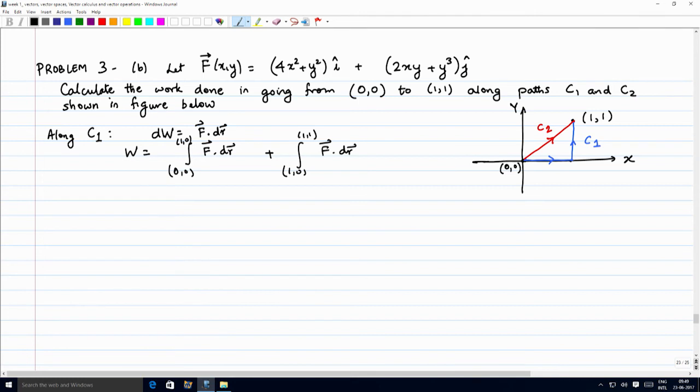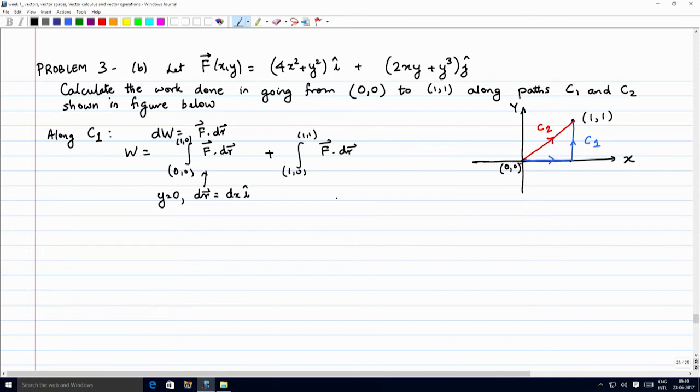Now, when you are going from (0,0) to (1,0), along this path you have y equal to 0 and dr equal to dx i. So, it is only x that is changing.